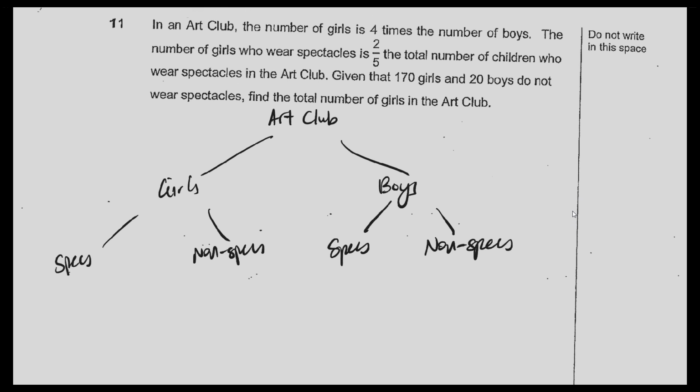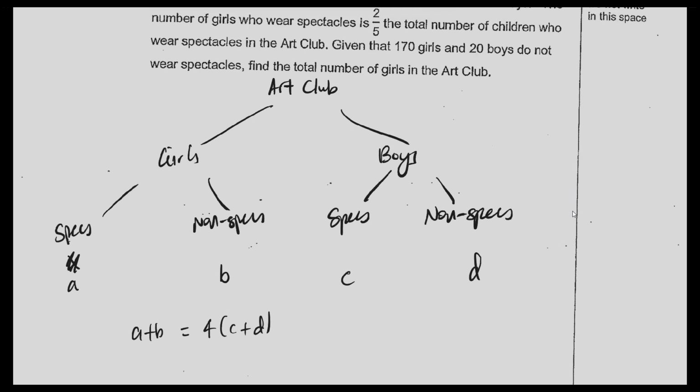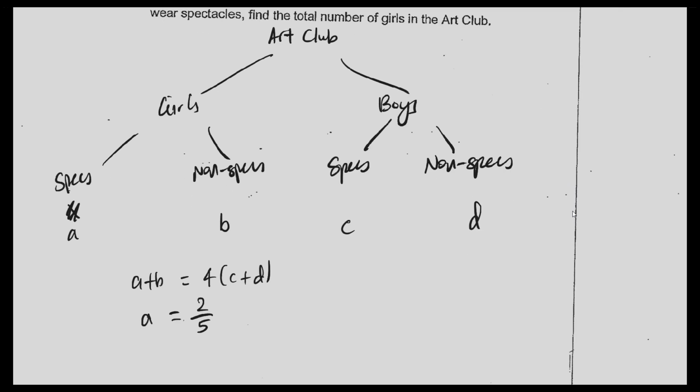So let's assign values to them to make it easier. Let's say this is A, and let's say this is B, let's say this is C, let's say this is D. So the number of girls, which is A plus B, is 4 times the number of boys. Number of girls who wear spectacles, A, is 2/5 the total number of children who wear spectacles in the art club.